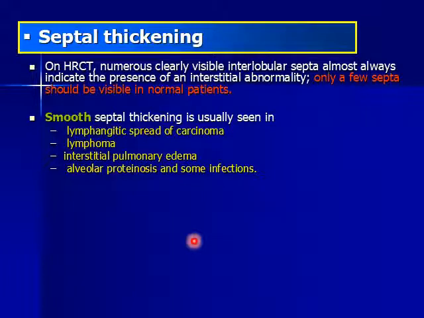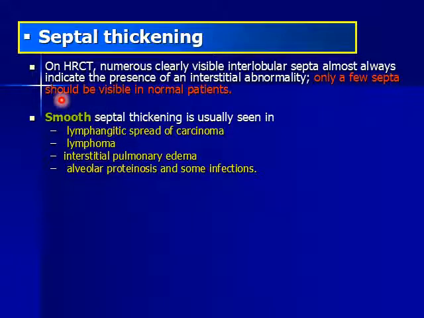Number 1, interlobular septal thickening. When we see more than a few interlobular septi, this means that the patient is not normal. He has septal thickening.